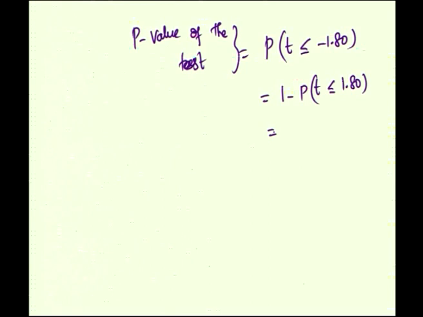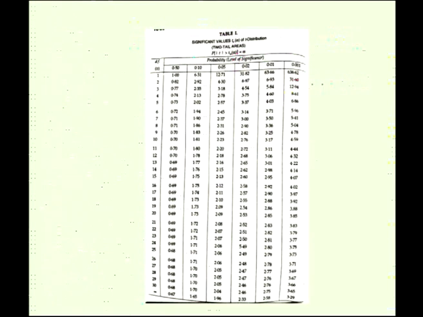Now, look at the t tables, corresponding to the nearest value to 1.80, which is 1.83. This is a two-tailed area, right? For 9 degrees of freedom we have to see, because for the t test the degrees of freedom is n minus 1, and here n is 10. So, for 9 degrees of freedom you look at where the nearest value to 1.8 comes.